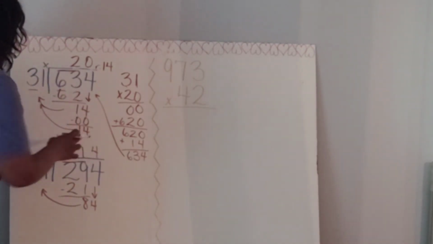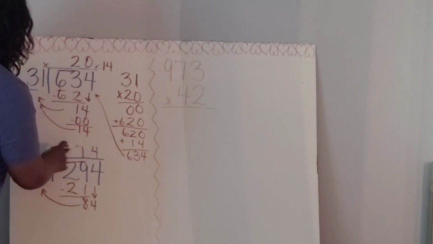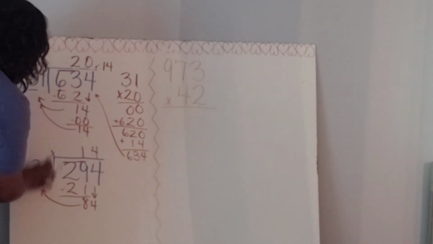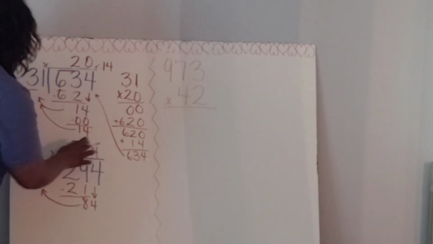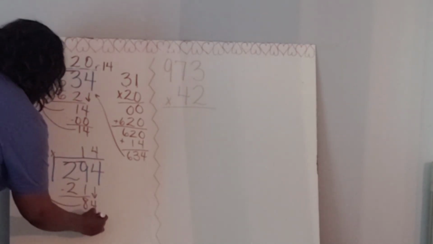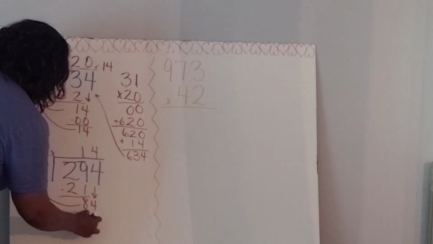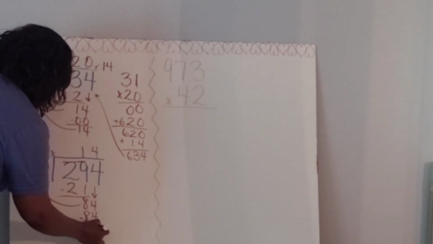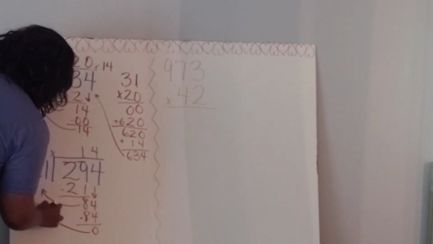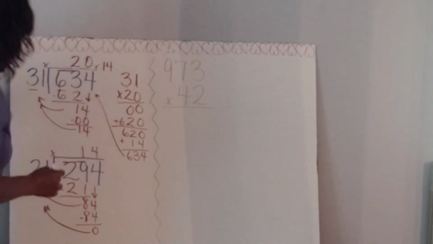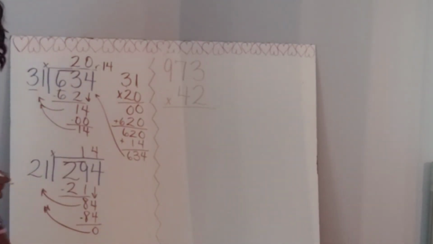After we divide, we multiply 21 times 4. 1 times 4 is 4, and 2 times 4 is 8. 84 minus 84 is 0. Compare, obviously it's less, there's nothing left to bring down, so we're done.